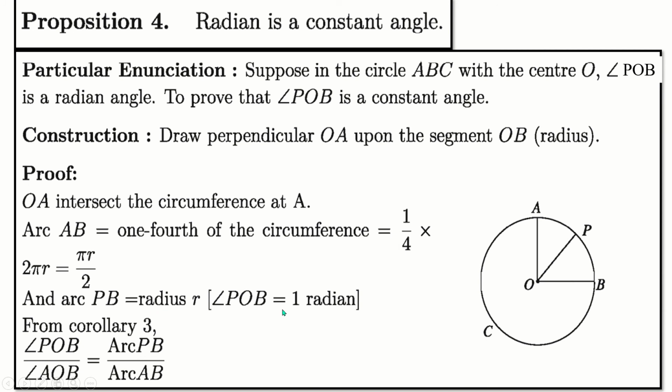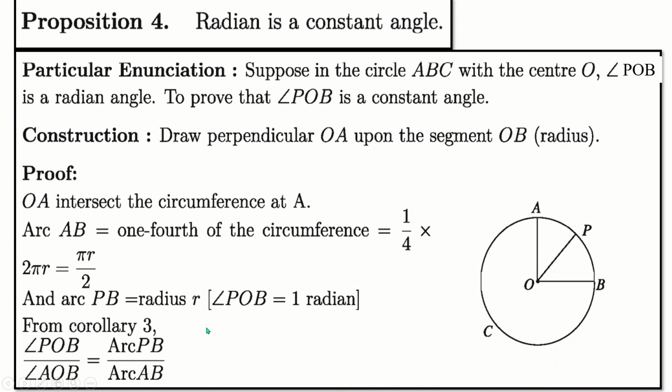Again arc PB is equal to radius r, because angle POB is a radian angle, so PB and OB or OP or OA all are equal, all are radii of the same circle. So PB is equal to radius r.